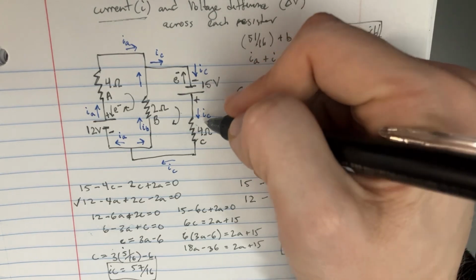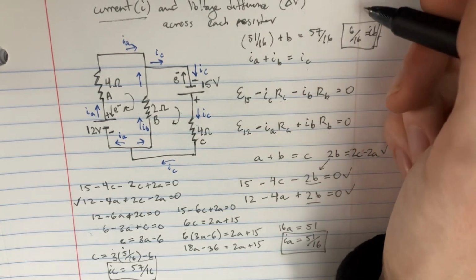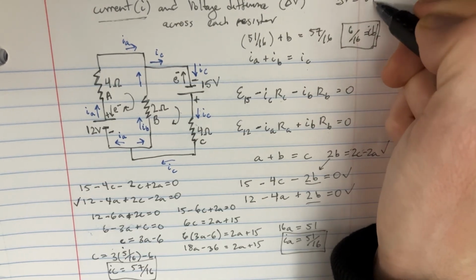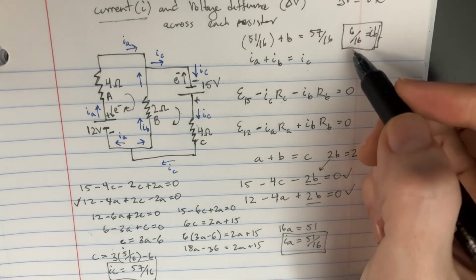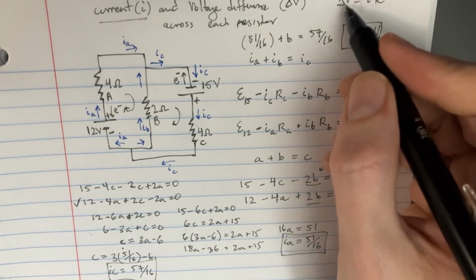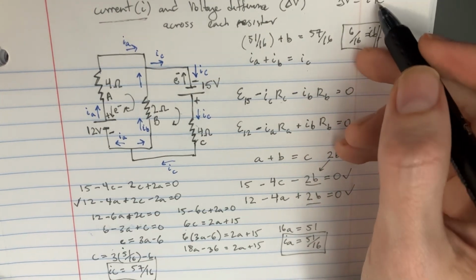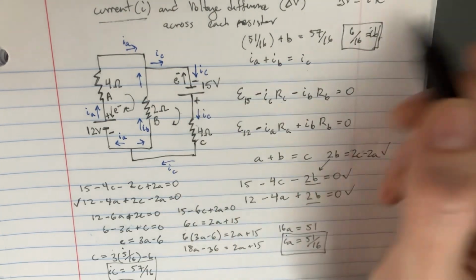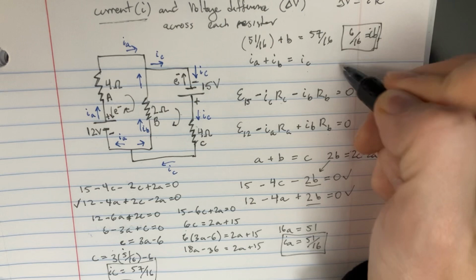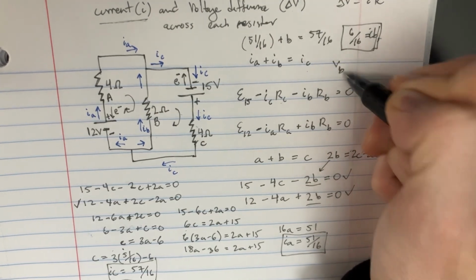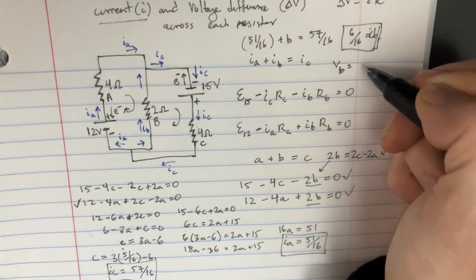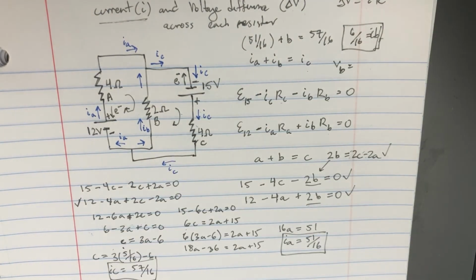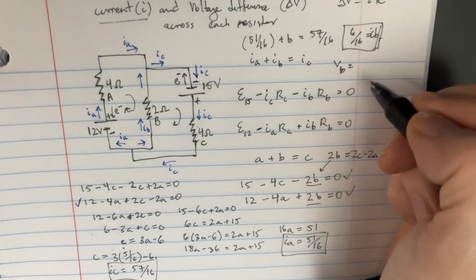Well, it turns out that delta V is equal to IR. And so if we try to figure out the voltage difference, then we'll just be looking at these currents times the resistances. So we'll say that the B is equal to 6 over 16 times 2, 12 over 16.